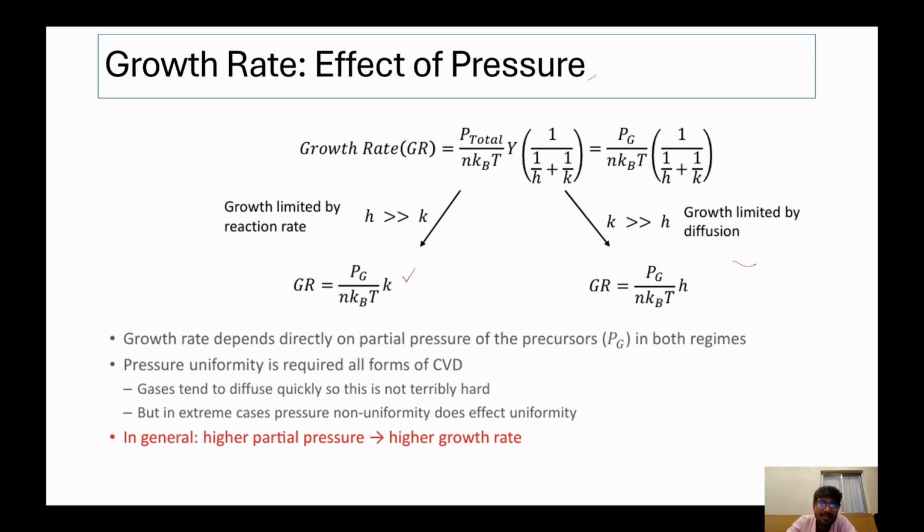But there is also a boundary layer that depends on the partial pressure or the total pressure of the gas. That will also affect it. But for almost all the cases, you have to increase the pressure of the gas by too much to decrease the boundary layer, so it does not depend that much on the pressure. Higher the partial pressure, growth rate will be higher for both of these.